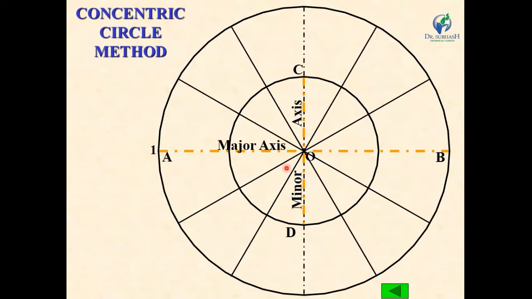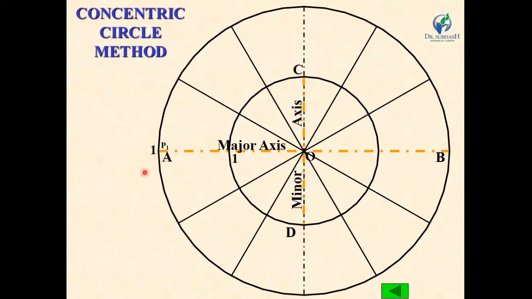Name the points 1 on the outer circle and 1 dash on the inner circle. This point is P1, the initial point of this ellipse.